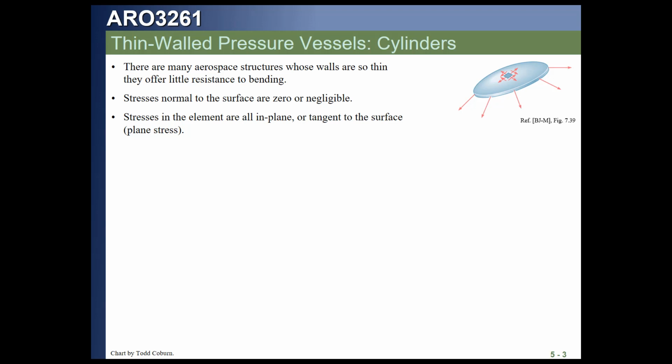As the structure gets thinner and thinner, the loads that are not in the plane can become relatively negligible, and the dominant loading is in plane. These are called membrane stresses because they act as if the thing were a membrane.